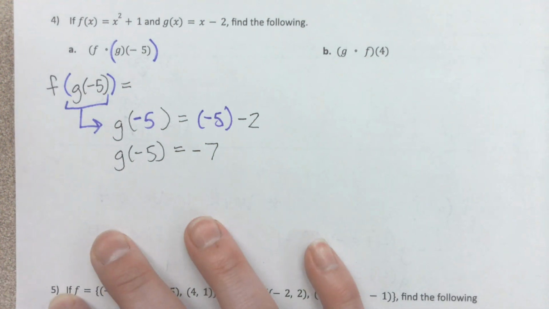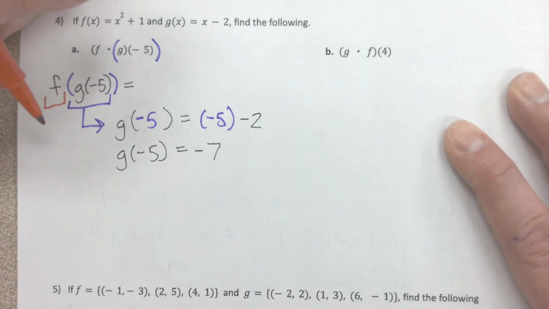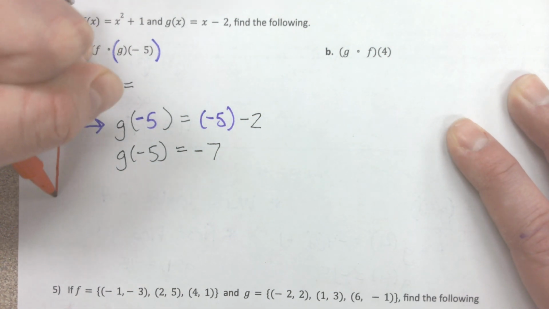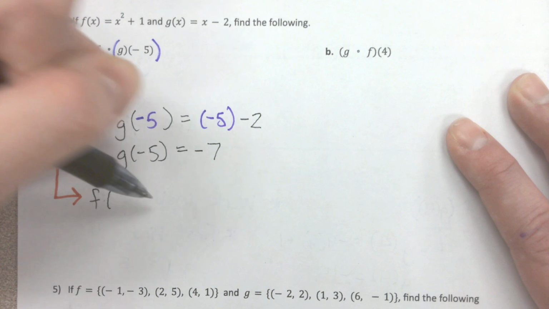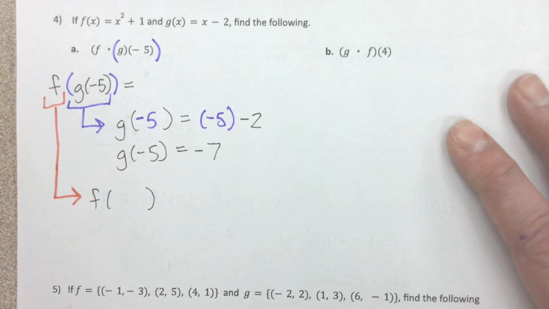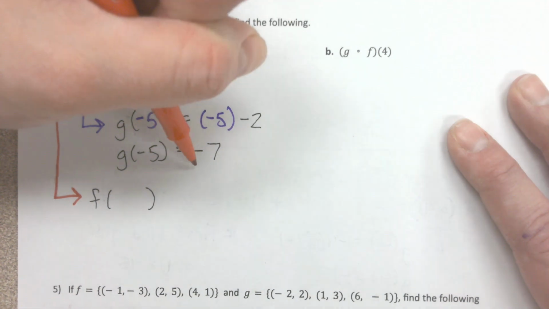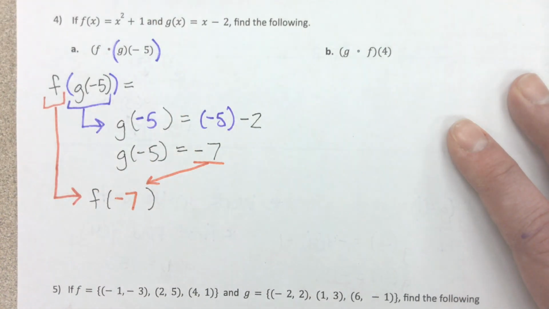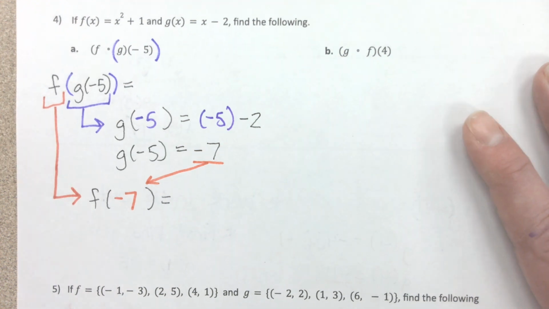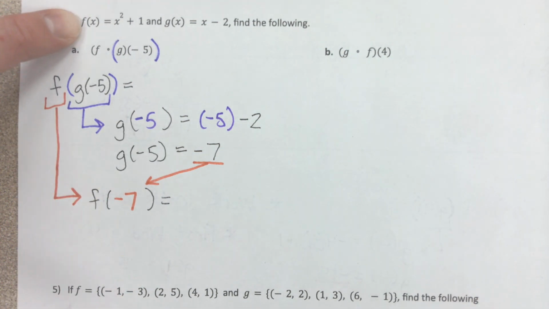Now for the outside function. Going to bring down f. We now know that g of negative 5 is actually just negative 7. So we're going to drop that number into these parentheses. And then we're going to plug negative 7 into the f function.